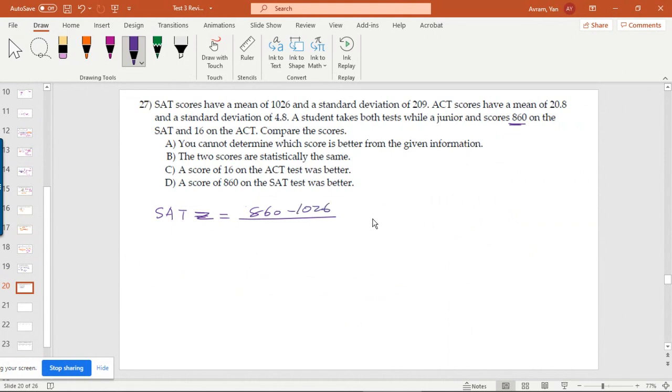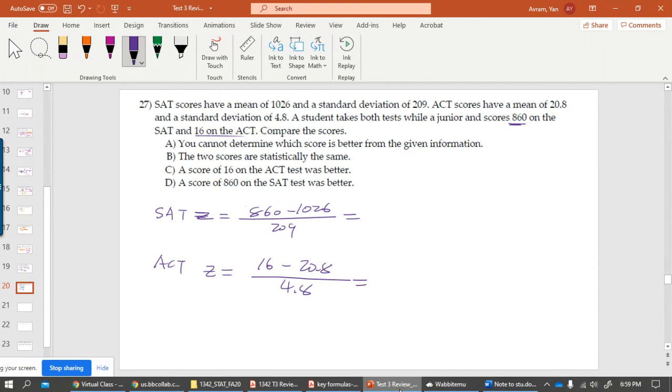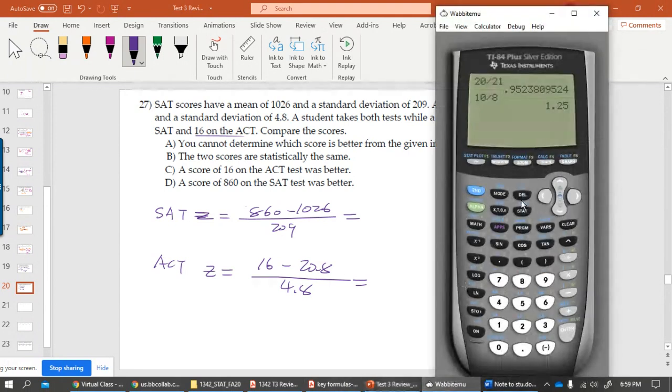And the mean is 1026, standard deviation is 209. ACT G-score here is 16 on the ACT. Okay, and the mean here is 20.8, and standard deviation is 4.8. So it looks like this student tested below average on both, so you're going to have a negative G-score.